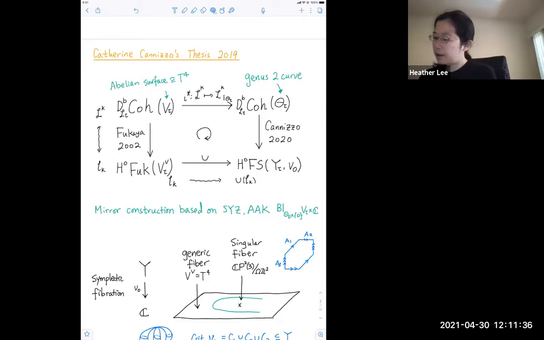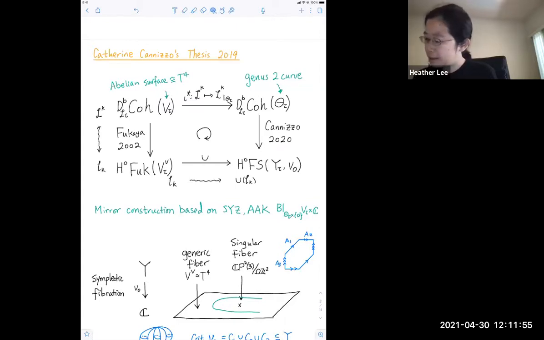On the genus 2 curve, we can't have a global Lagrangian torus fibration. We can certainly have an S1 fibration for part of it, but then we get to a singularity when we reach the pair of pants at the joints.